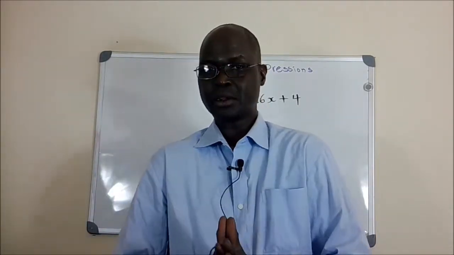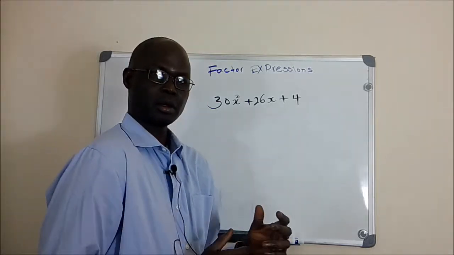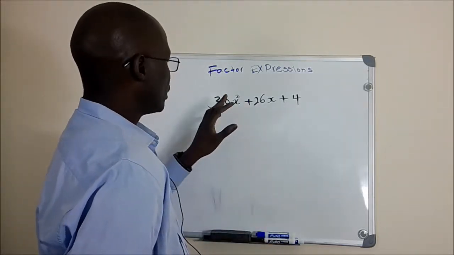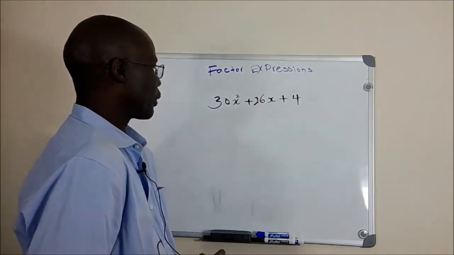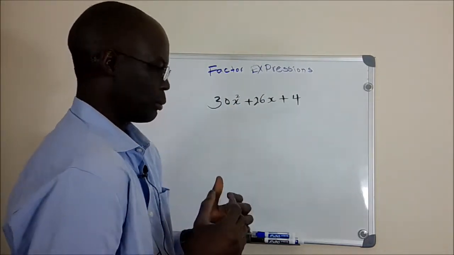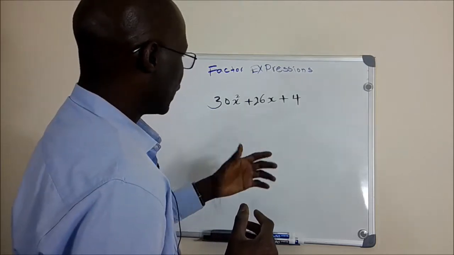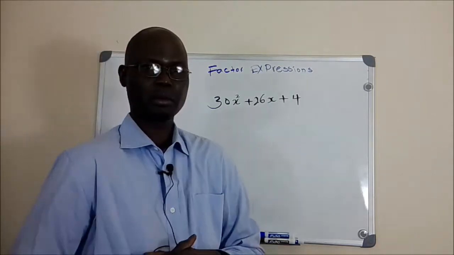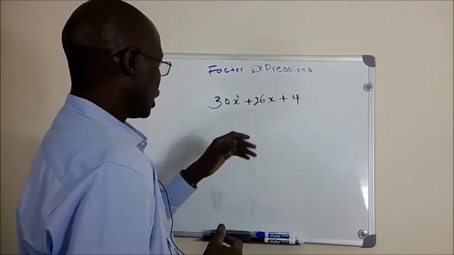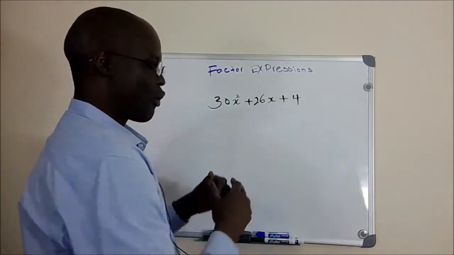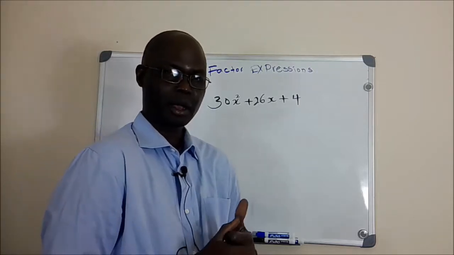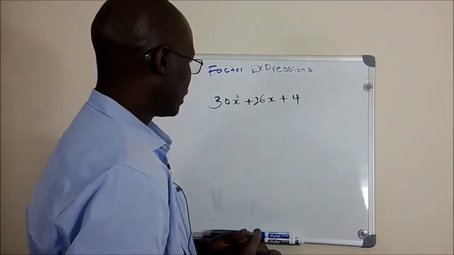We will continue doing our algebra with factoring expressions. In the last video we talked about how you put the value of x in the form of a plus number, minus.